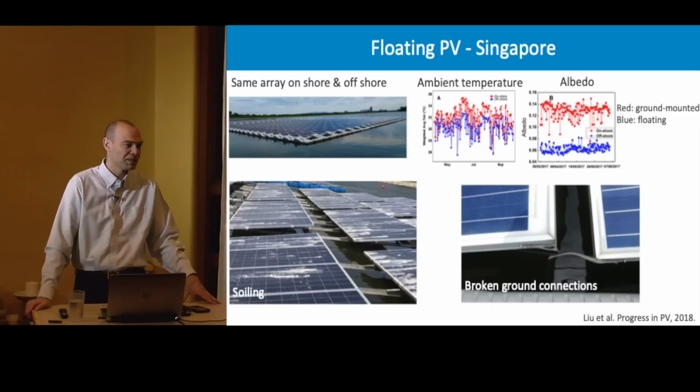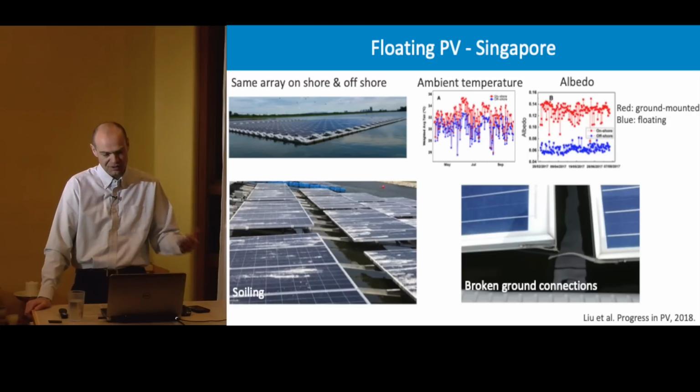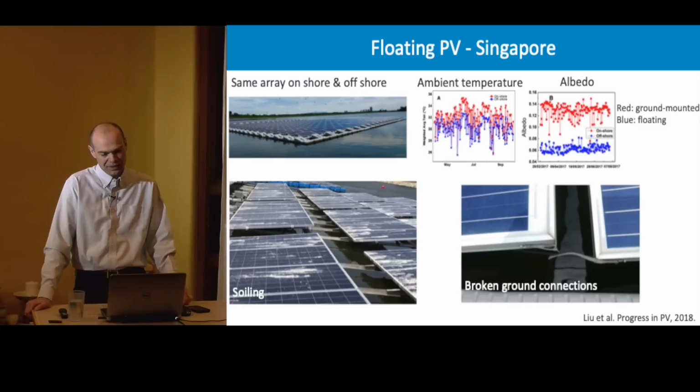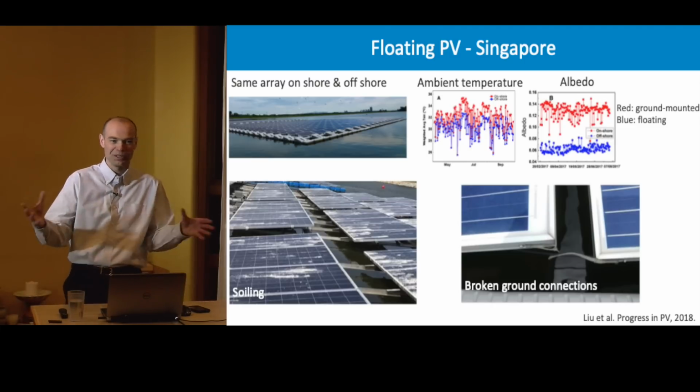But there was the oldest installation I found. Every year we have a PV reliability workshop, and I was the chair last year. I wanted to bring somebody in with experience on floating PV, and the oldest array I was aware of was in Japan from 2010. I talked to them, and they mentioned they had a lot of soiling, which is a little surprising, from all the water spray.